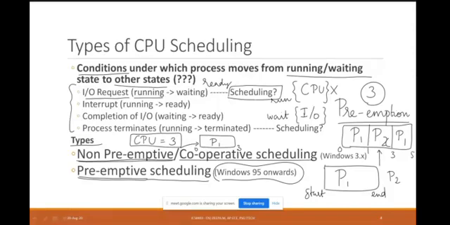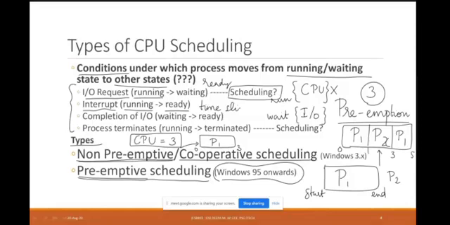Do I need any kind of scheduling for this? Think upon it. The next one is whenever I have an interrupt, say from an IO device that it has completed its execution, then we move from running to ready state. Running to ready state also happens in case you have an interrupt like expiry of the time slice.